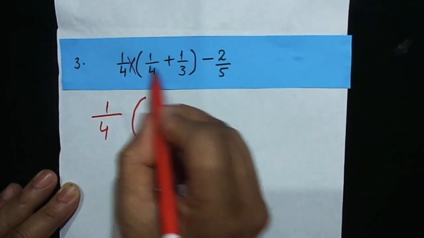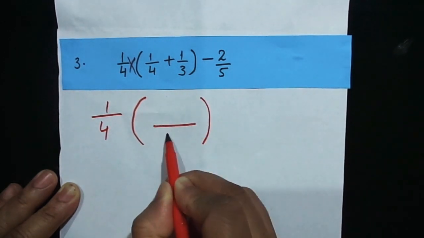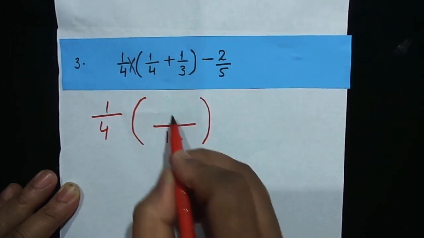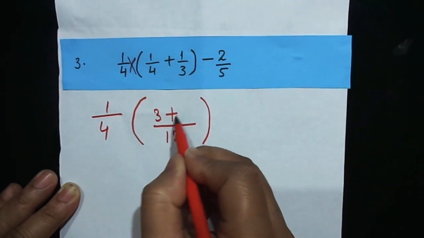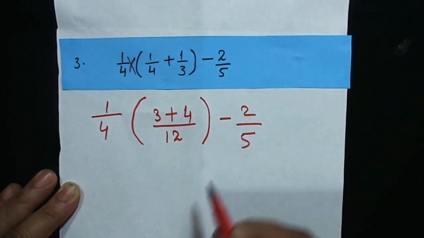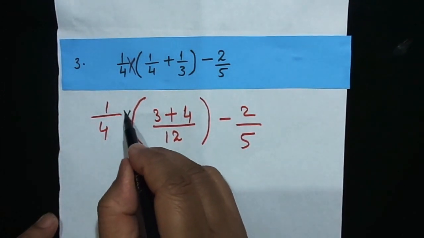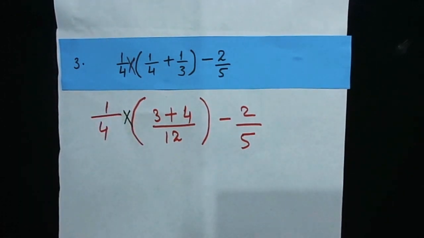multiplied by, let us take the LCM of 4 and 3 as 12, and I'll get here 3 plus 4 minus 2 by 5. Okay, now it has become quite easy. Do not forget the multiplication sign over here.